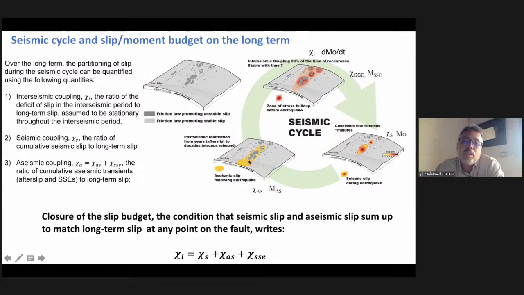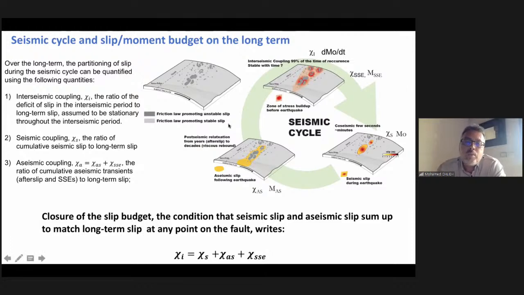And you can also determine what we call aseismic coupling, which occurs during the post-seismic period as afterslip at the contact of the plate, but also in a viscous manner, as Anne has shown, and I will show some pictures later.